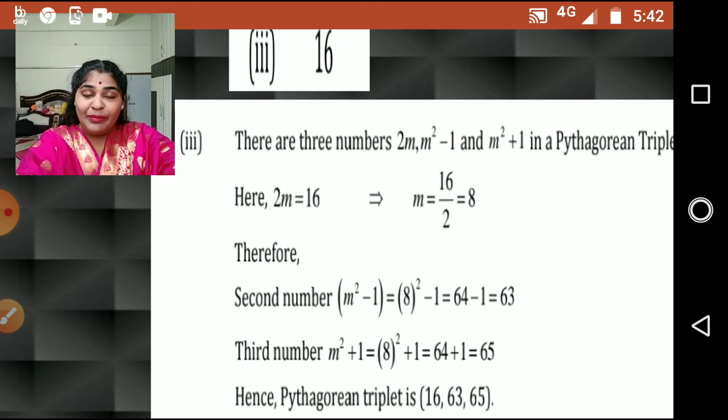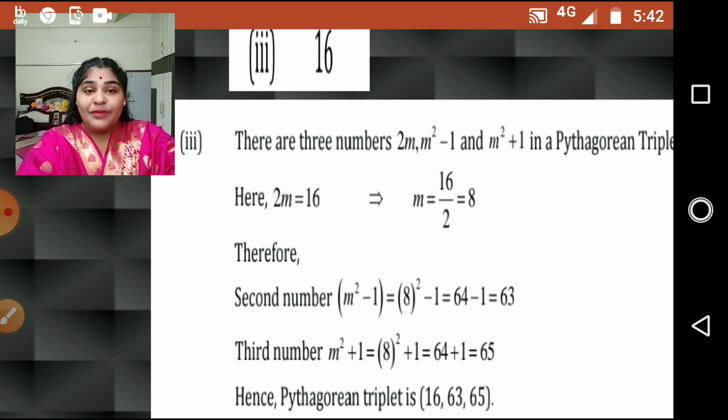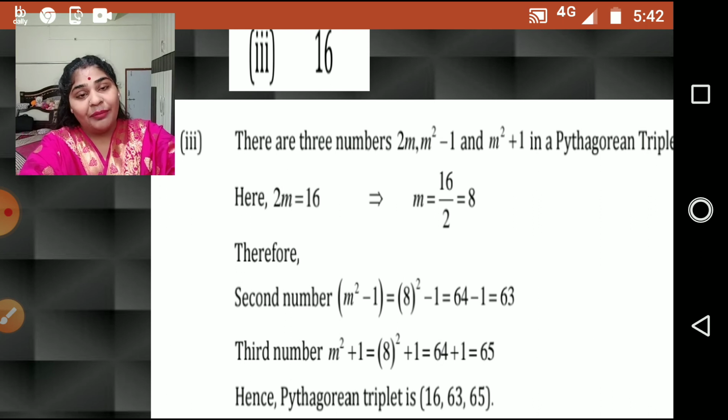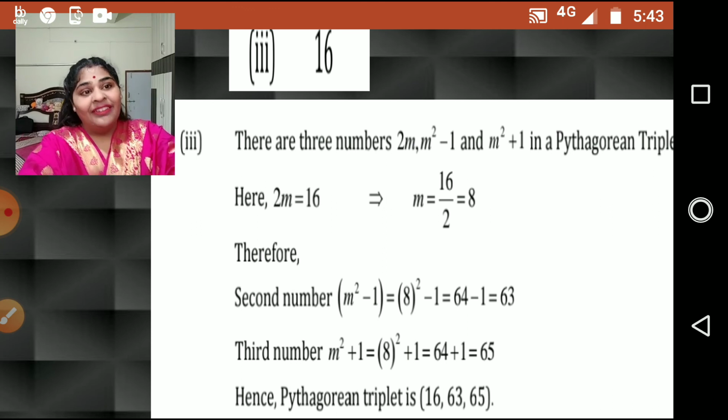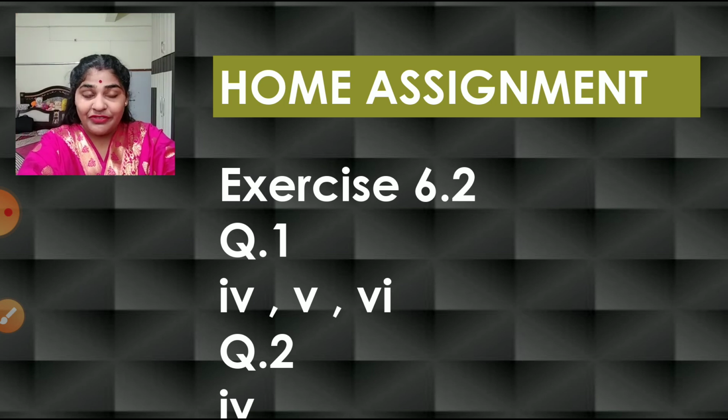So whichever member is given to you, first equate it with 2m, find the value of m, and then substitute the value of m in the other two numbers and find the values. So this was today's very important topic which we have covered.